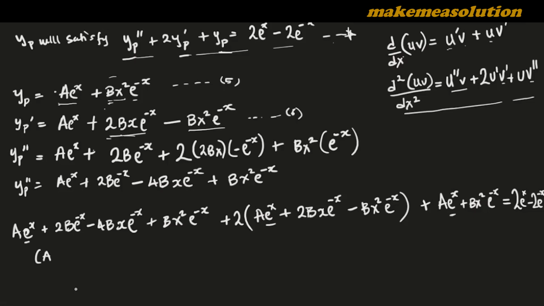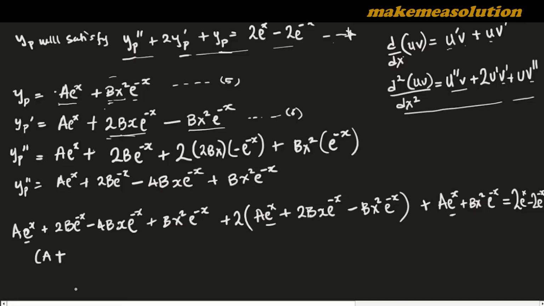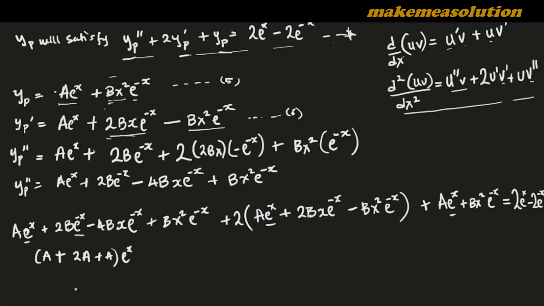Starting with this guy here, the coefficients are a plus, and for this term, if you open this bracket, you get 2a, and finally for this one, you have a. Then this is exponential x. The next thing you want to collect is all the terms in exponential minus x. So let's look for another occurrence of exponential minus x alone.